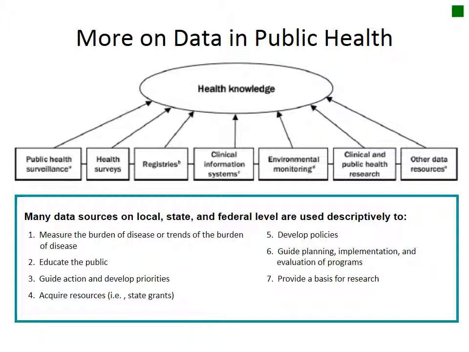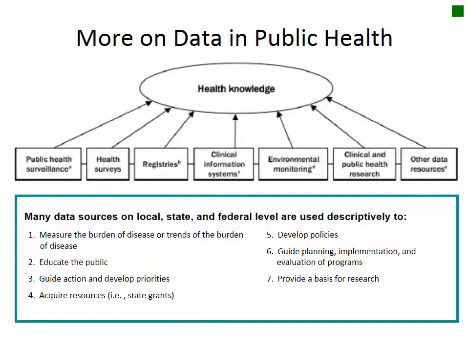Guide and develop priorities, acquire resources. Perhaps a state has an excessively high prevalence of a chronic disease, and they may ask government to help them fund programs and research related to combating that particular problem.